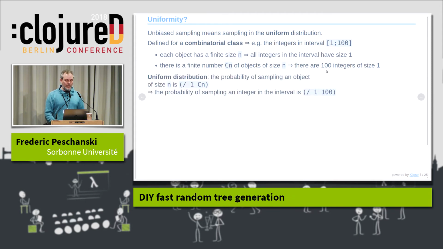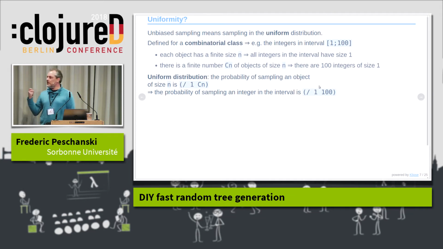So it's a combinatorial class. And then the uniform distribution is just when you generate a number, for example, uniformly at random, the probability of generating this object should be 1 over the number of objects of the same size. So for example, 1% chance of generating an integer in range 1 to 100.